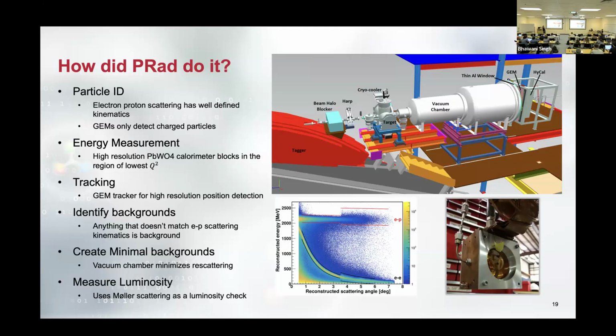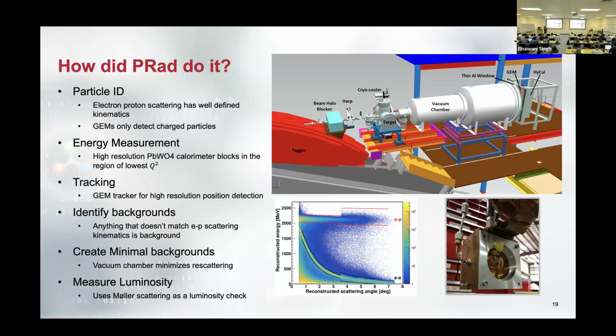For the energy measurement, we then have this calorimeter in the back. We call this HyCal, that's short for hybrid calorimeter. Hybrid meaning that there are two different types of crystals in it for measuring the energy. So these are crystals that when the electron goes in, it starts depositing the energy.